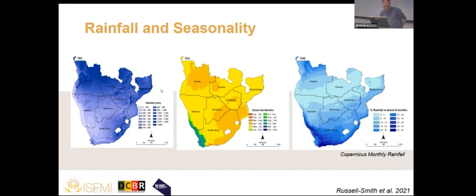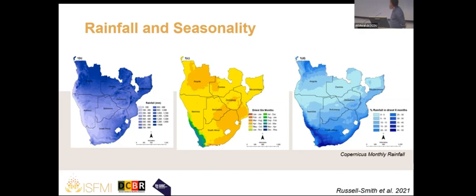From northern Botswana, you get around 600 mils. This one on the left is total rainfall. Northern Botswana is around 600 mils, and as you go up through Zambia, it gets to about 2 meters at the top of Zambia.